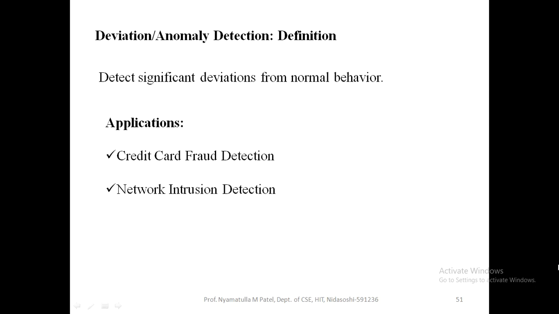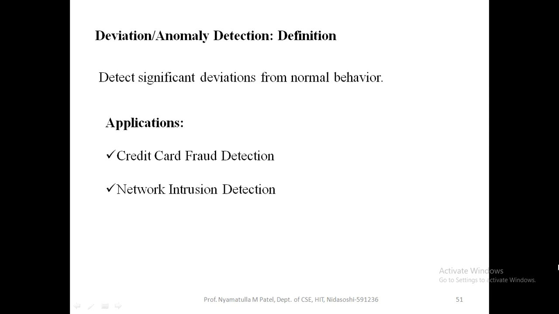Detect significant deviation from the normal behavior. For example, credit card fraud detection. Whenever I am performing a credit card transaction, if my authorization pins are wrong, if my transaction pins are wrong, if I am trying to buy a product which I never buy in a lifetime, then that is nothing but fraud detection.